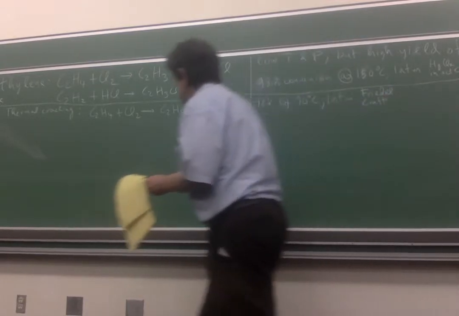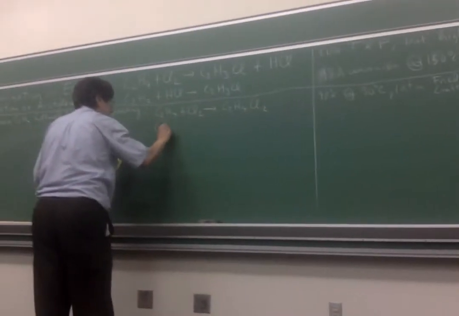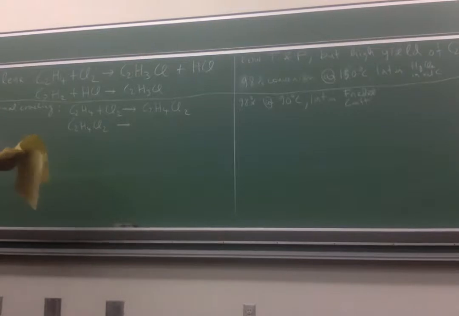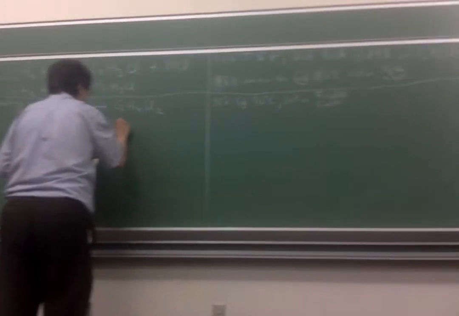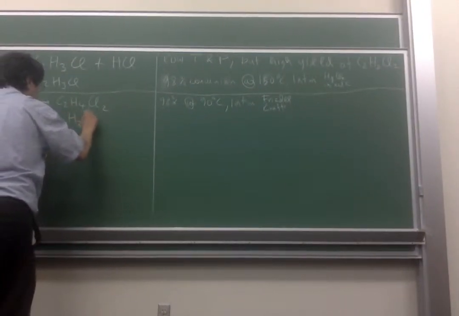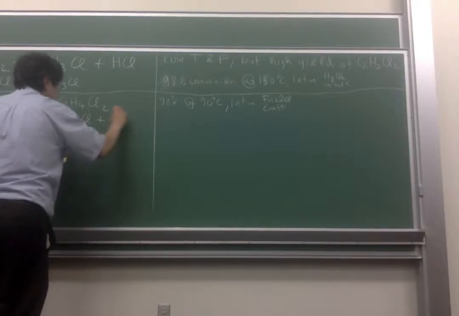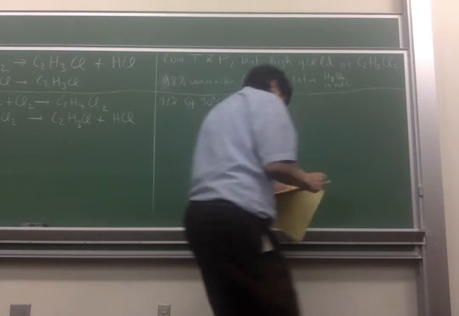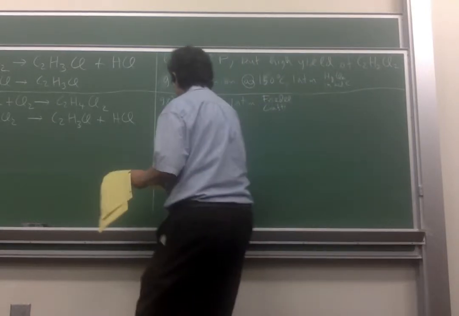And the second step is the cracking of the dichloroethane. This is high temperature and pressure, and this cracks into vinyl chloride plus HCl. And that has in the order of 60 to 65% conversion.